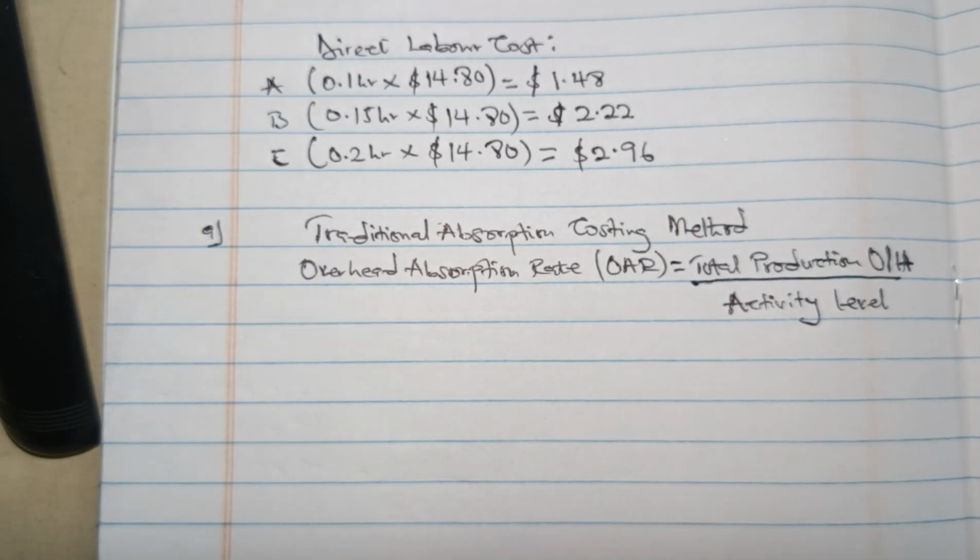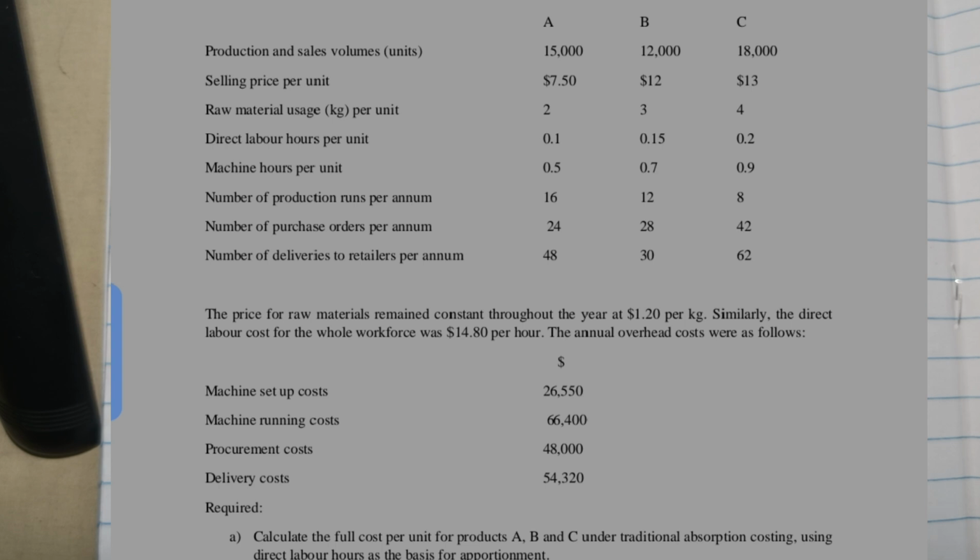In the question, the cost pool, which is the machine setup cost, machine running cost, procurement cost, and delivery cost, forms your overhead. So you have to add all those figures you see over there.